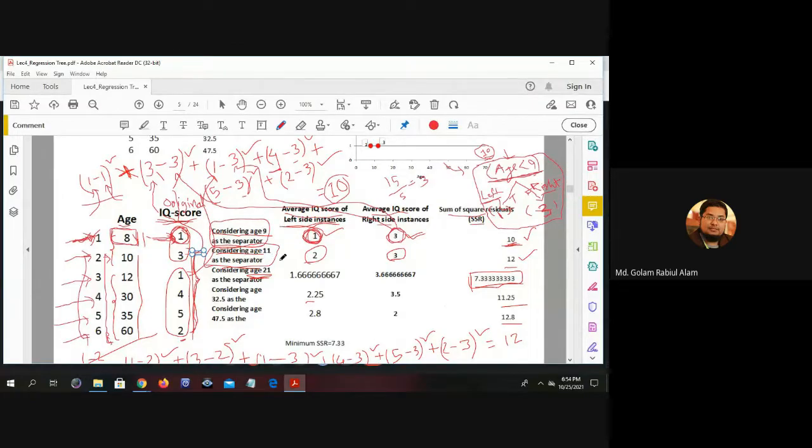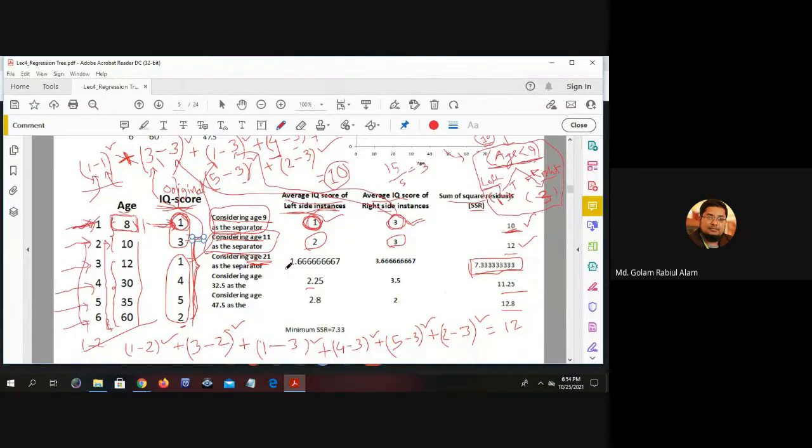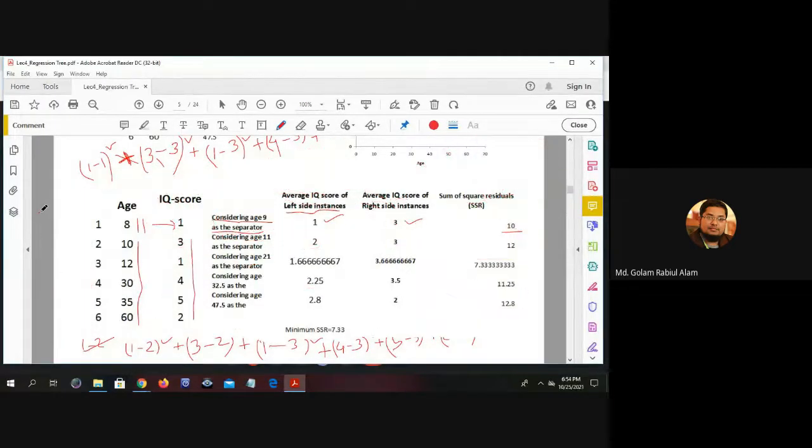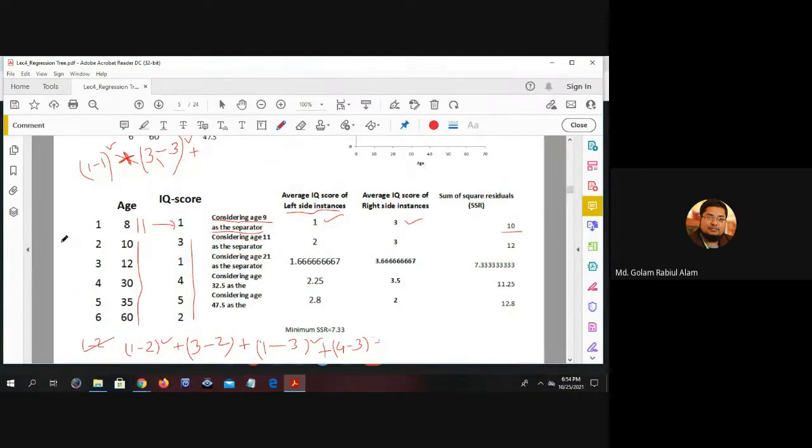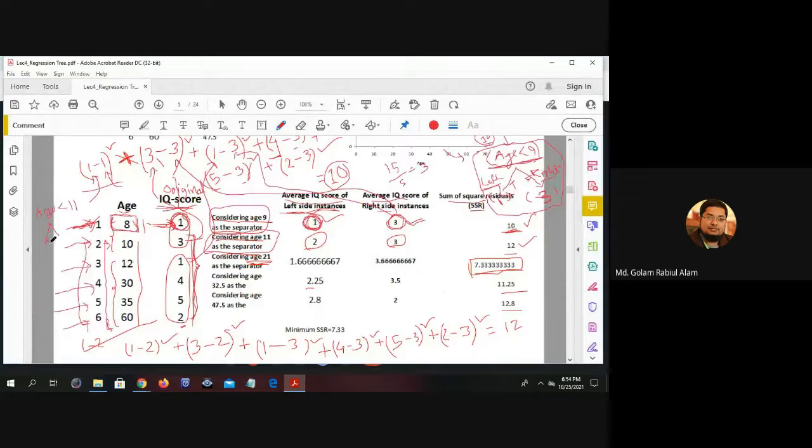If we consider 11 as the separator, so age less than 11 is the separator. It will again separate our data into two parts, the left side and the right side.